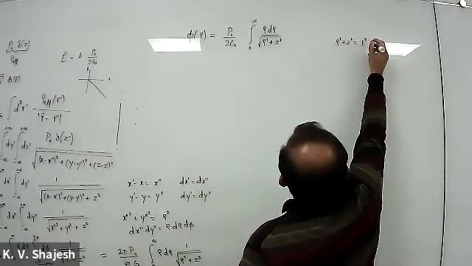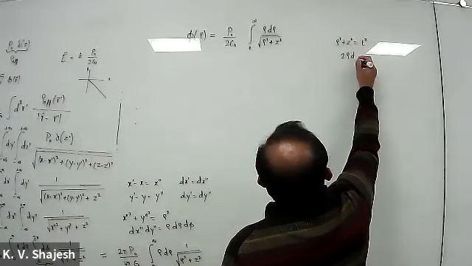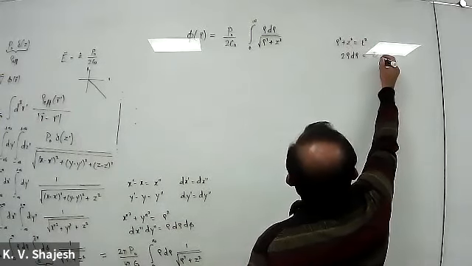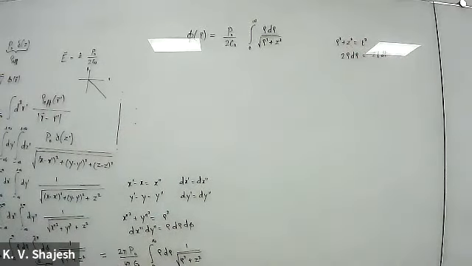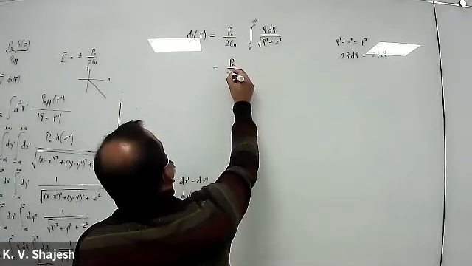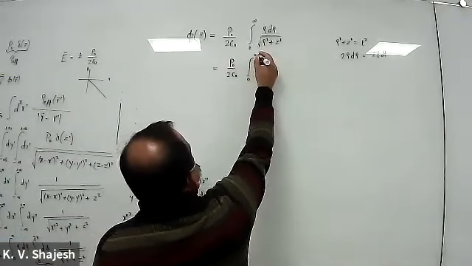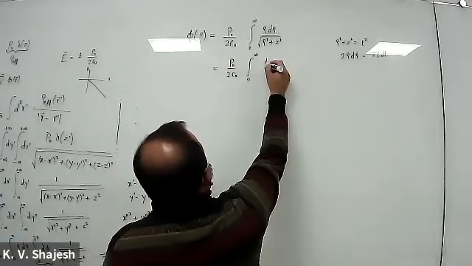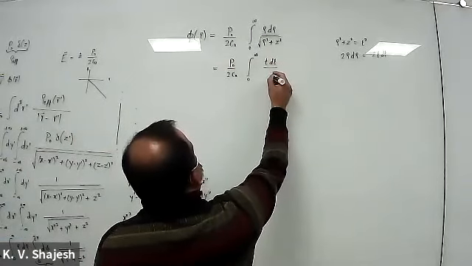Then 2 times rho d rho is equal to 2 times t dt. That gives P naught over 2 epsilon naught, integral from 0 to infinity, where rho d rho is the same as t dt, divided by t squared.